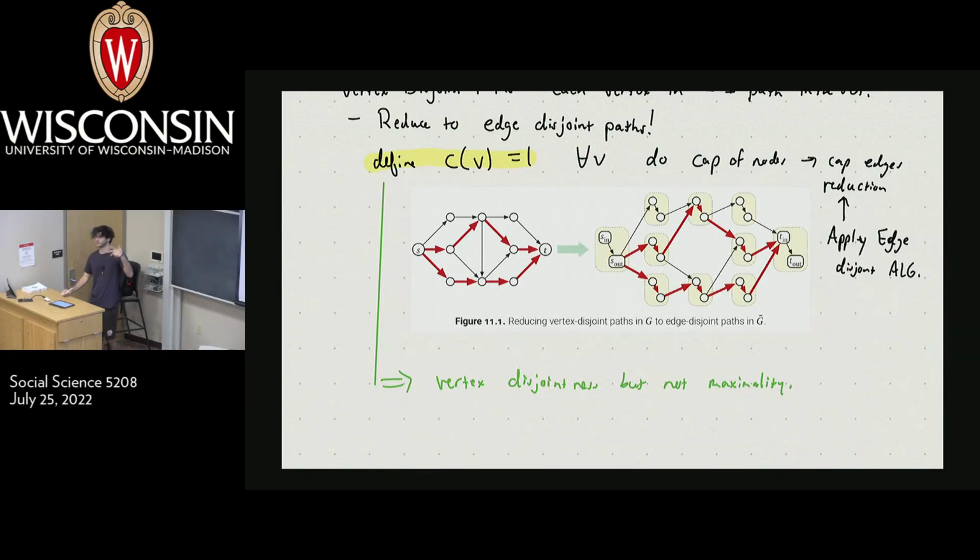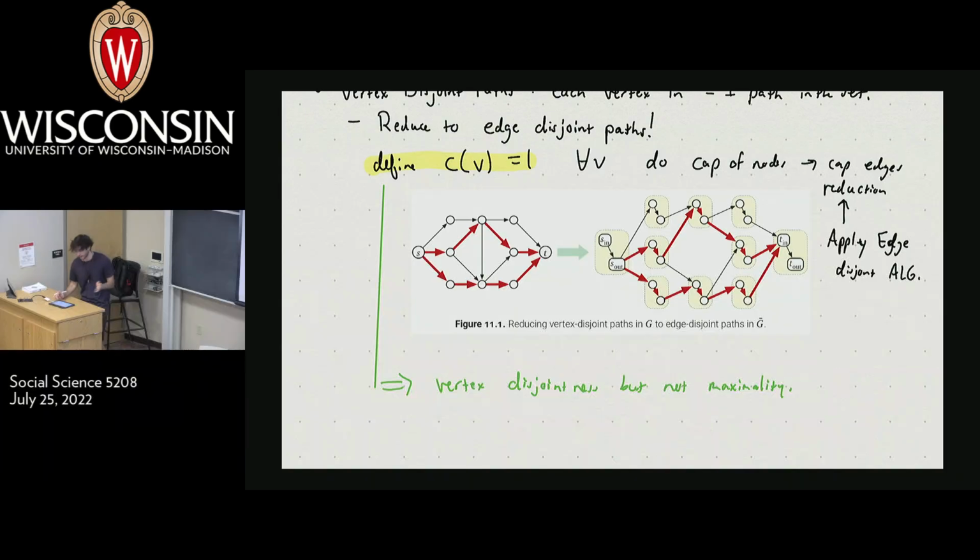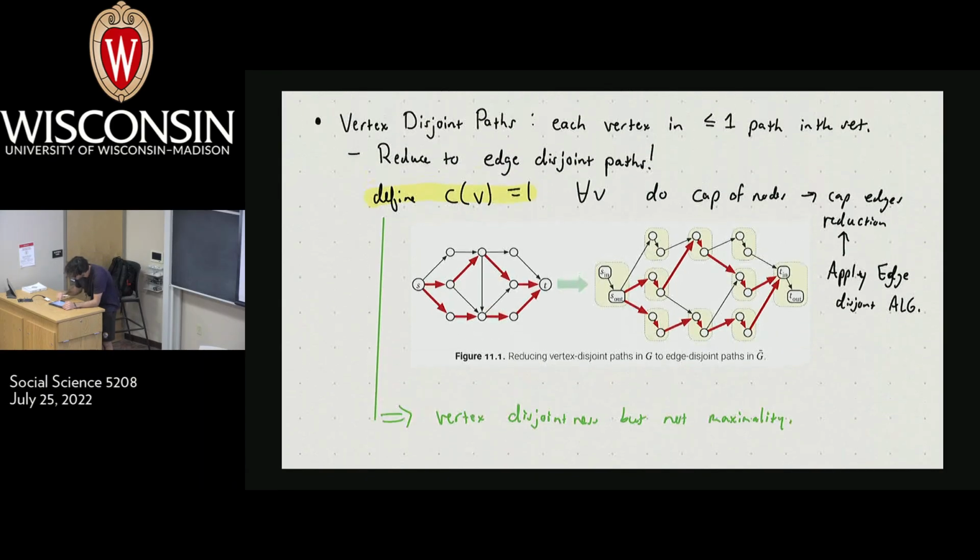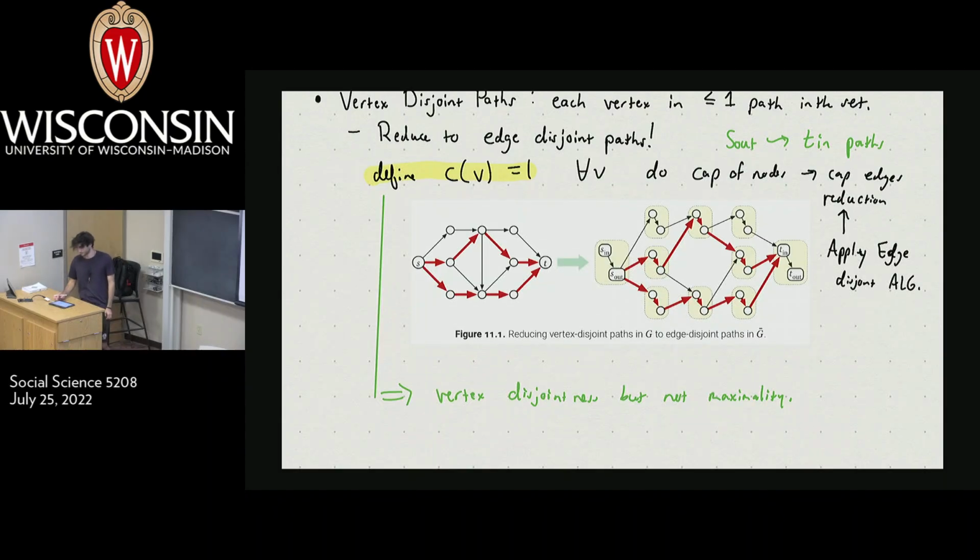But you can argue exactly like we did before, that if you had a set of k vertex disjoint paths, then you could create a set of k S to T paths in this flow. And specifically, it's now going to be S out to T in paths in the reduced form. Our new source is going to be the out of S, and the new sink is the in of T. This is because in terms of the value of the flow, we want to ignore the capacities on S and T.